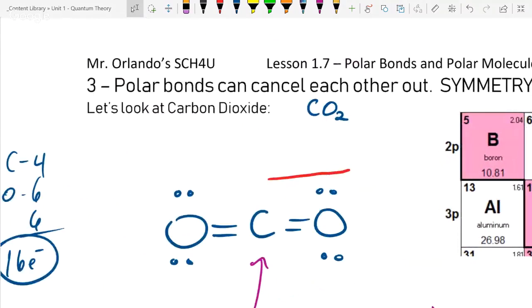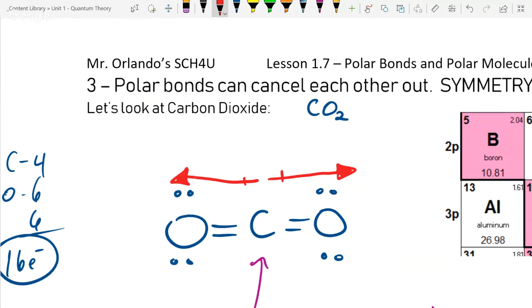Oh, you're finicky today. So we're going to point towards oxygen. Now that takes care of that bond. What about the other bond? So like this? The other way. Okay. So it's going to be the same thing, but of course it's pointing in the opposite direction because the oxygen's on the opposite direction. Now, what do you notice about those two dipoles?